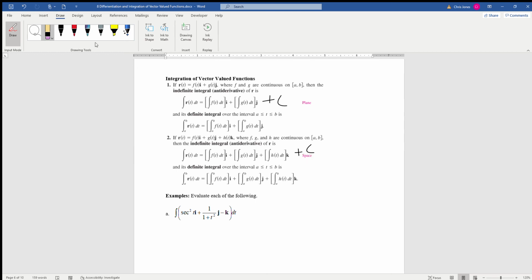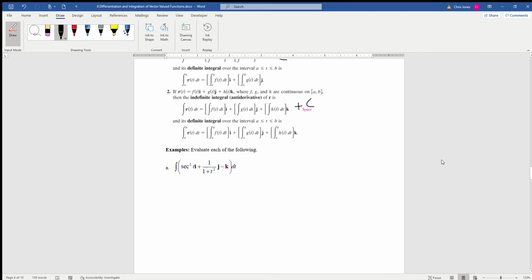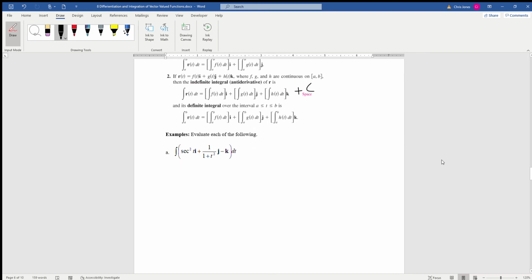All right, so let's just take a look at a couple basic examples of being able to find our antiderivatives. This first one's going to be really easy. We have sec squared t i plus 1 over 1 plus t squared j minus k. And we could just integrate term by term.